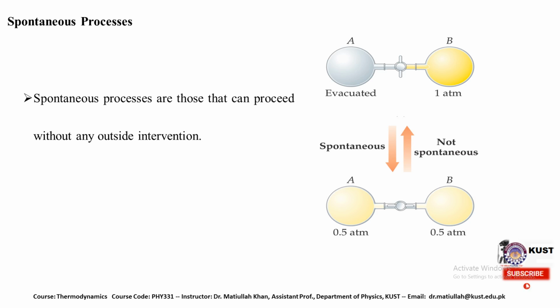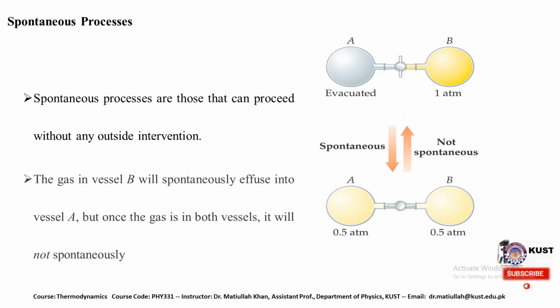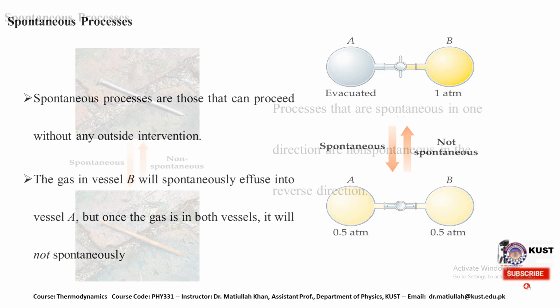But when two tubes are connected and one is already evacuated and pressure goes from one to another, this is a spontaneous process. So the gas in vessel B will spontaneously effuse into vessel A, but once the gas is in both vessels, the reverse process will not occur spontaneously.